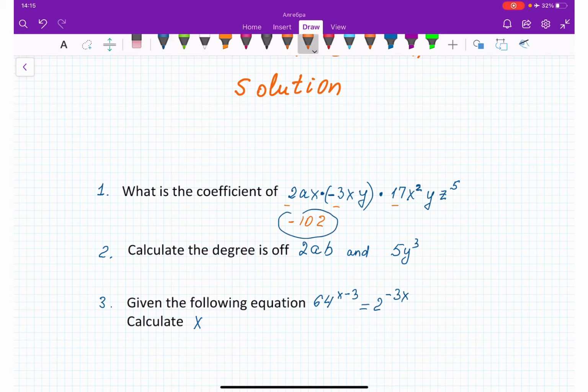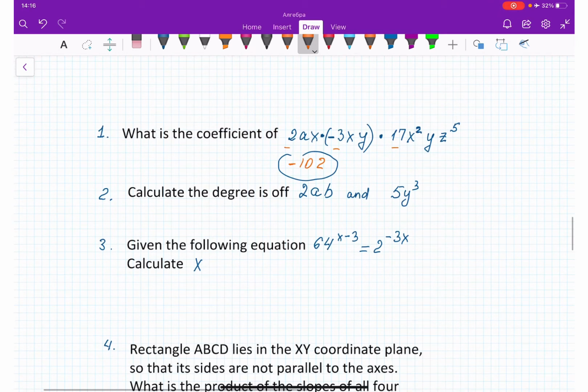Okay, that's all. Question number 2, degree. In the term 2AB, when we say A and B, A is to power 1 and B is to power 1.